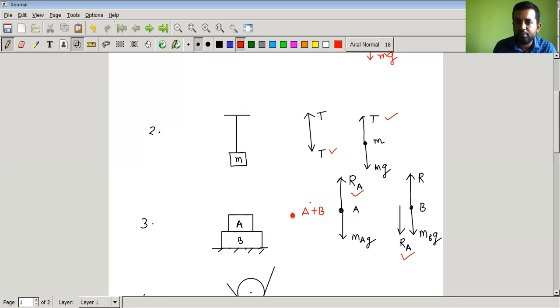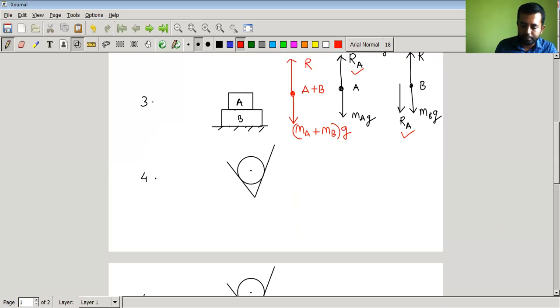So if A and B is our system, RA will get cancelled and we will be left with one support force from ground, R, and the gravitational force, which will be MA plus MB times G. So this represents A as our system, this is B as our system, and this is A plus B as our system. These are the free body diagrams.